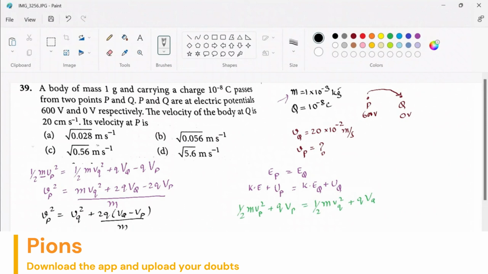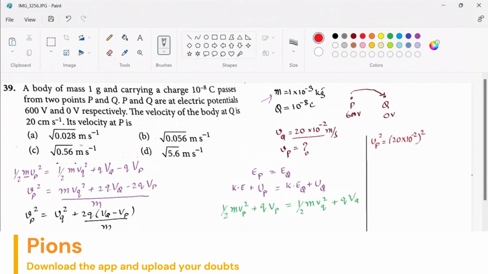Now here we will substitute our data, whatever information is given regarding this problem. So velocity at point P square will be equal to velocity at Q. What's the velocity at Q? 20, so 20 into 10 to the power minus 2, whole square.